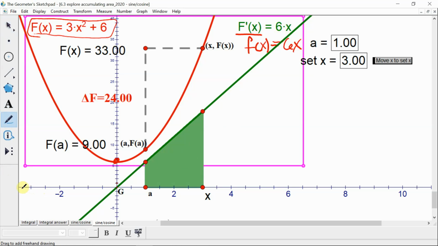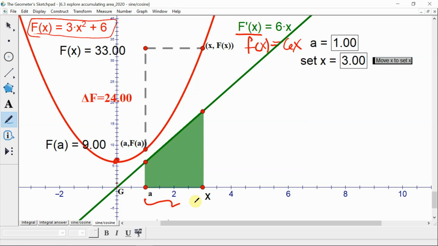So you should have just found, you have your bases here, you can plug those in. X is 3, right? If you didn't notice that, X is 3, A is 1, 1 and 3. So 1/2 base 1 plus base 2 times the height. Notice the height is really here, and you should have got the answer of 24. Okay.